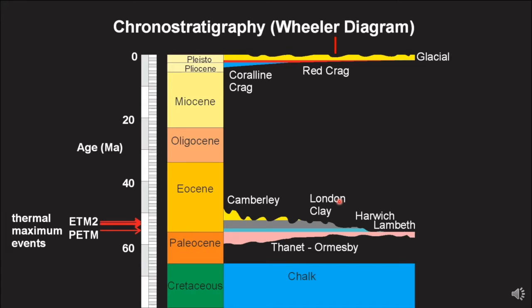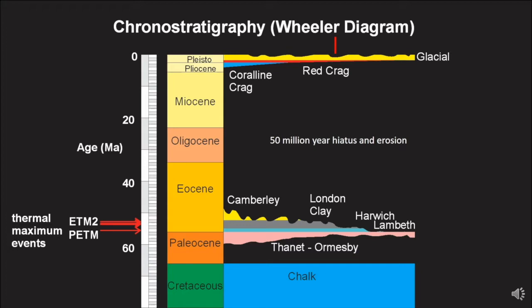So looking at this in chronostratigraphic sense, at our location, here's the clays, London clay, Lambeth, Harwich, and then a 50 million year gap, at the end of which the Red Crag, shallow marine, tidal, warm water, shelly sand of the earliest Pleistocene, followed by normal Pleistocene glacial sediments.